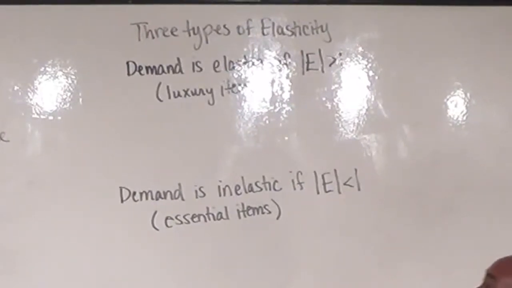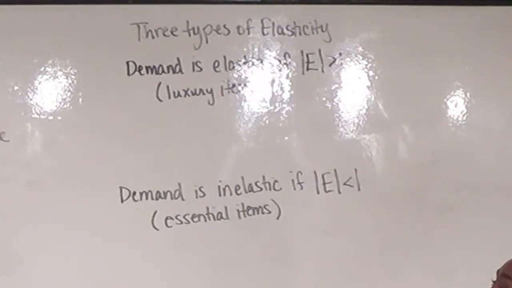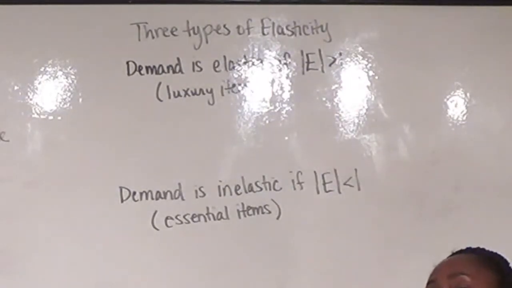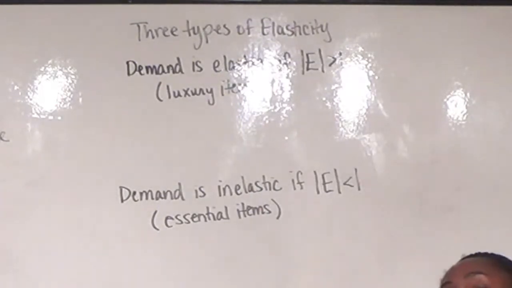Okay. There are three types of elasticity. The first is what we call elastic demand. So when we find our elasticity formula, if that value is greater than 1 in absolute value, then we say that the demand is elastic. Examples of elastic demand would be our luxury items.